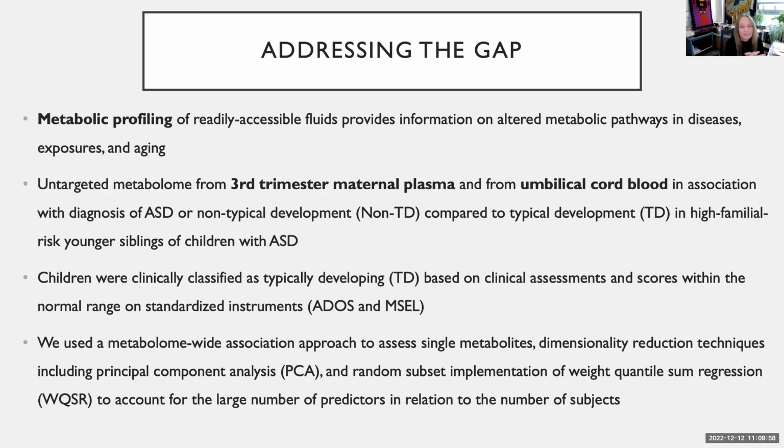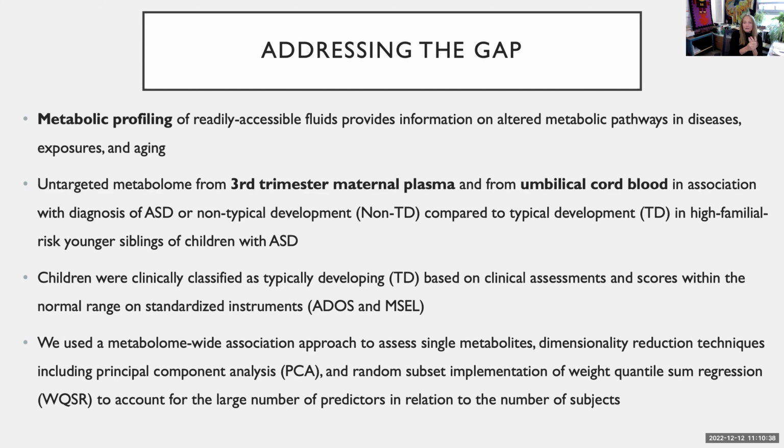For that, we used an untargeted metabolomic approach on third trimester maternal plasma and umbilical cord blood from these pregnancies. Then we took the diagnosis these babies had when they were 36 months old, autism or non-typical development. This is a high-risk group because these mothers were recruited with the prerequisite that they had a previous child with autism.